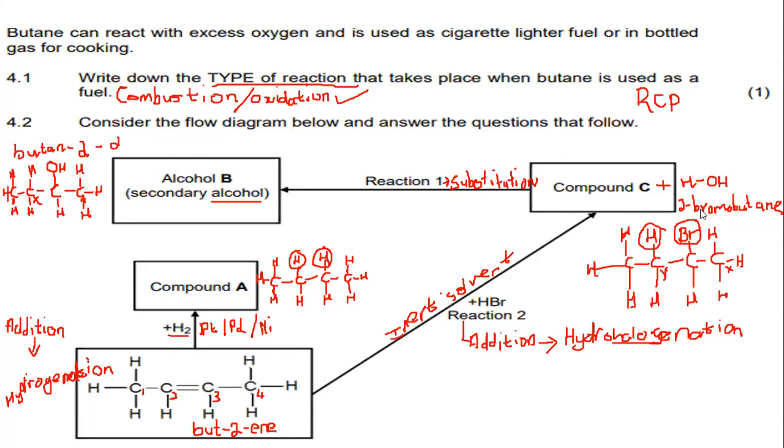I'm going to take the OH and put it there, and hence I form that. I'm going to be left with this hydrogen that I did not use, and the Br that I have removed. So another product there is going to be HBr.